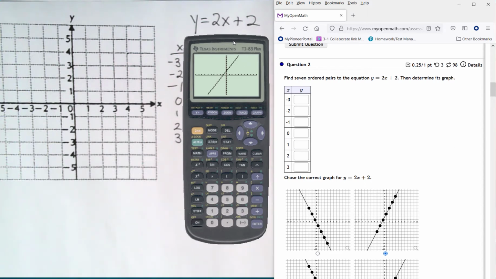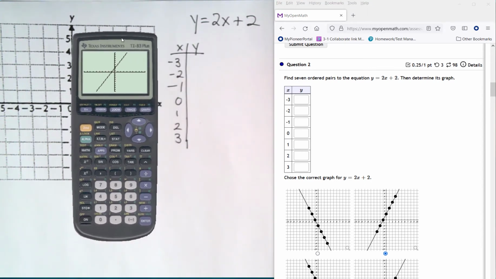Right, and now let's get the table out. So we'll move it over so we can fill in. So the buttons are second because you want the one that's above the graph button. So second, and you're hitting graph, which will do table. There's our values. And sometimes if it doesn't give you the ones you want here, you have to scroll up or down to get other ones.